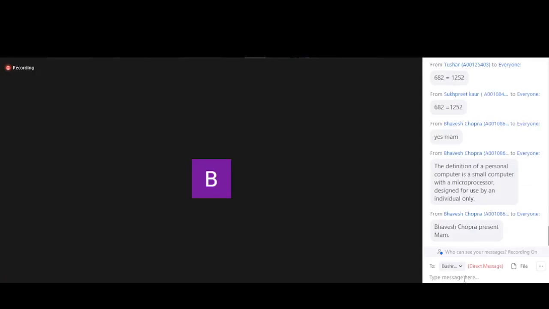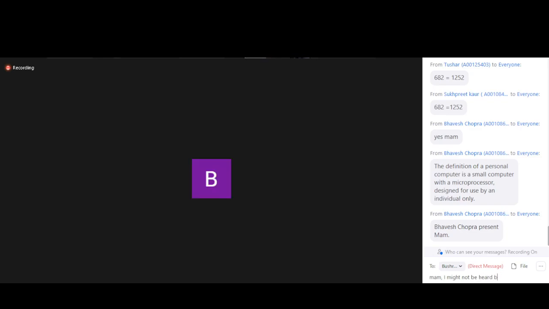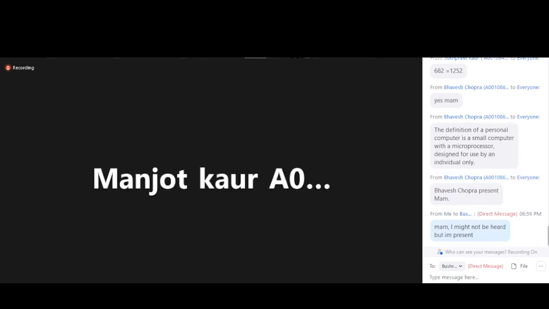Kulvinder Singh, present, ma'am. Lovepreet Kaur, absent. Lovepreet Singh, present, ma'am. Lapri Singh, present. Manisha, present, ma'am. Manjot Kaur, present, ma'am.